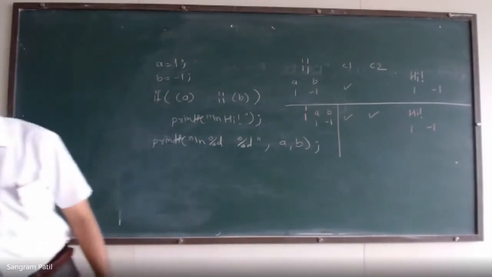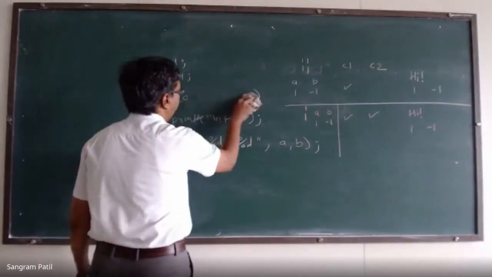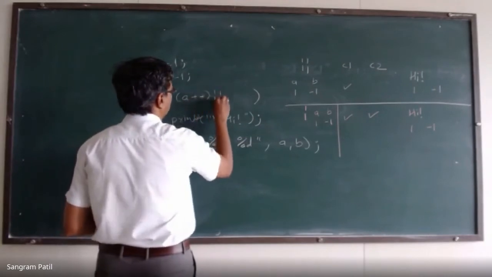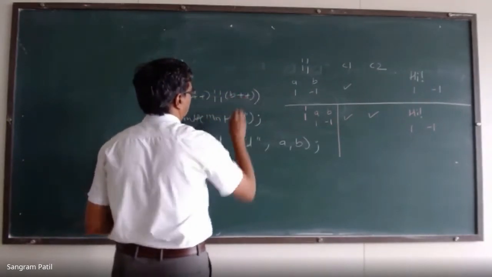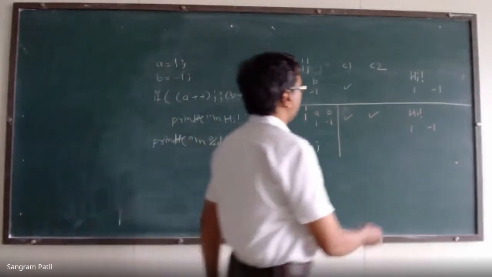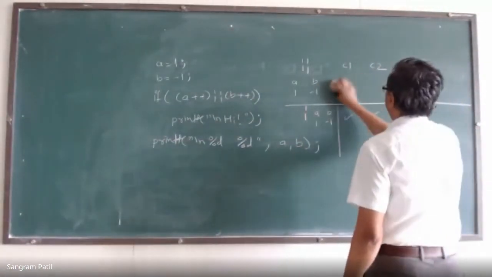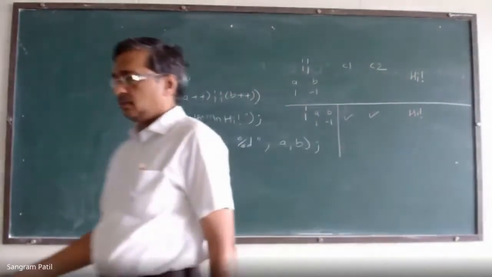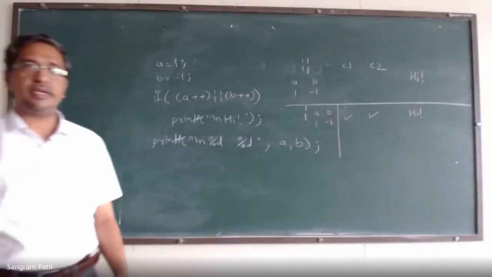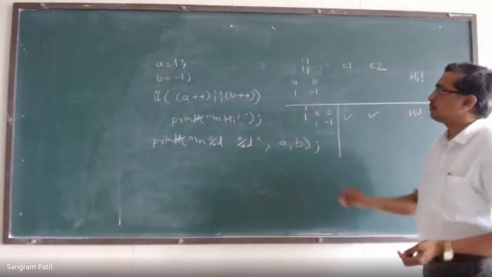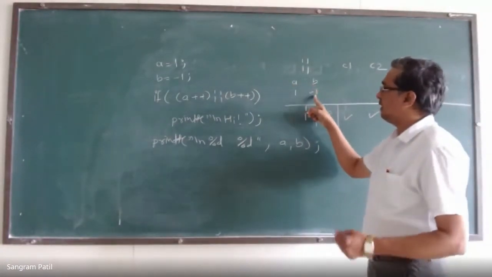Okay. Now we will do slight modification. Now we will try to solve with the help of double vertical bar and single vertical bar. A is 1, B is -1.